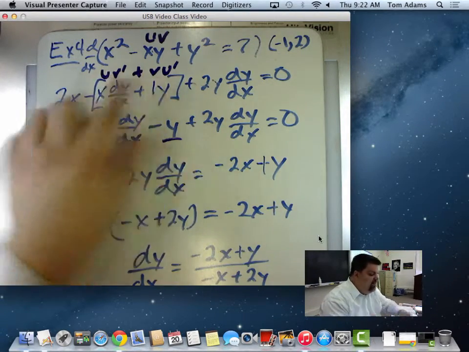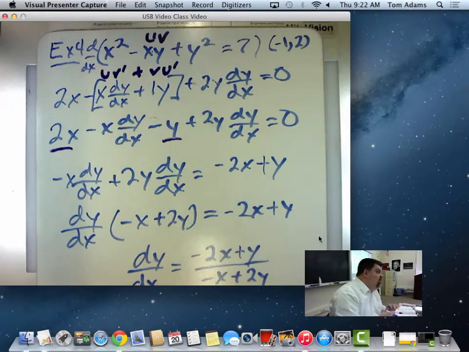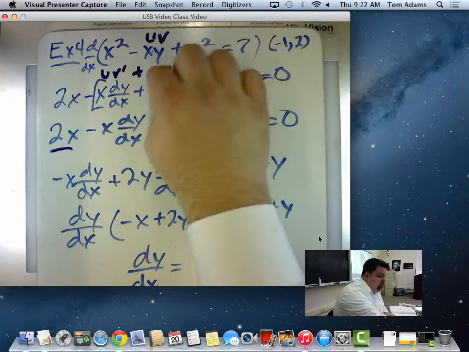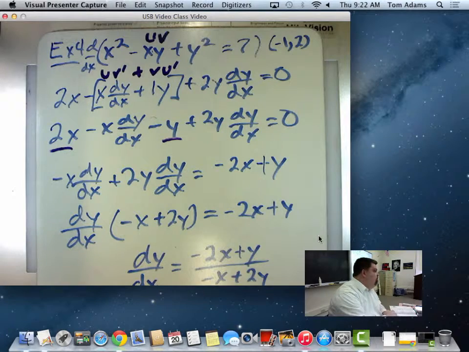Now, I think in your textbook they write it the other way around, but with the product rule it doesn't really matter because you're adding, right? Mr. Adams learned it this way, and I'm always going to write it down that way no matter how many times I look in the book. But your textbook has it like vu prime plus uv prime, which with the sum it doesn't matter. Okay, so anyways, that's the answer.